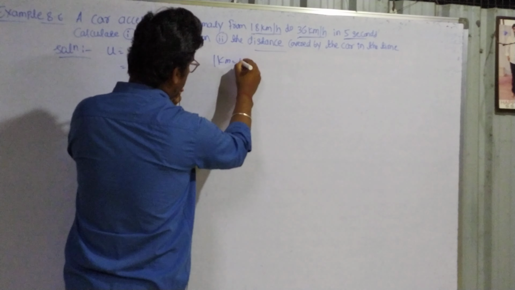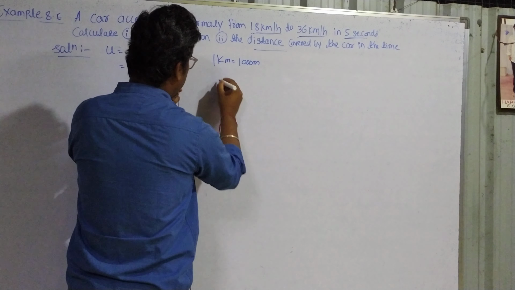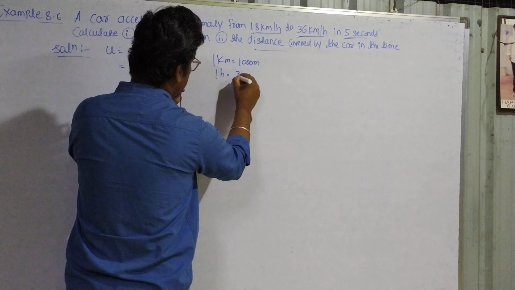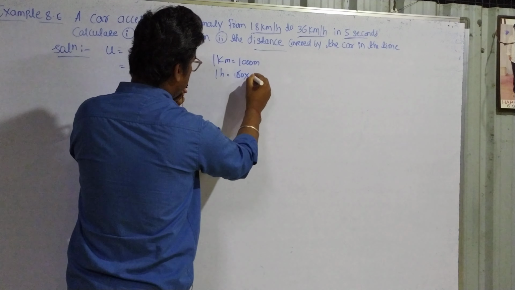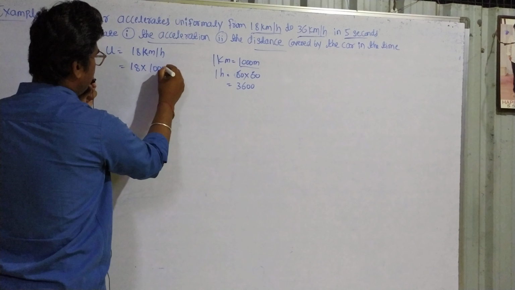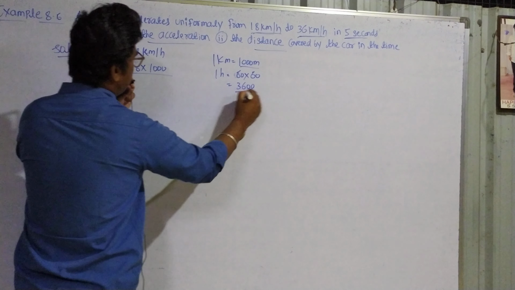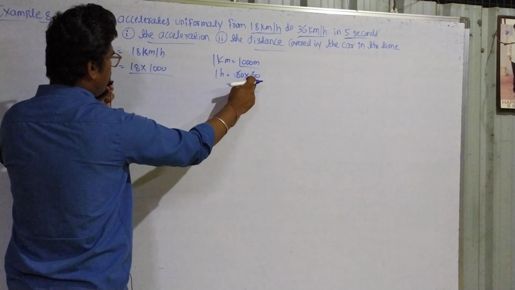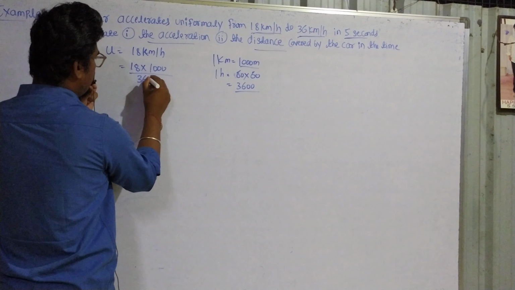Here we have kilometers, so you have to convert to meters. So 18 into 1 kilometer, and 1 kilometer is equal to 1000 meters. 1 hour is equal to 60 minutes, and each minute has 60 seconds, so it will be 3600 seconds.